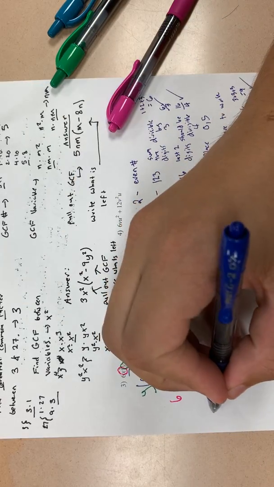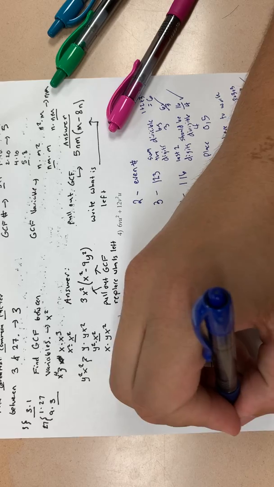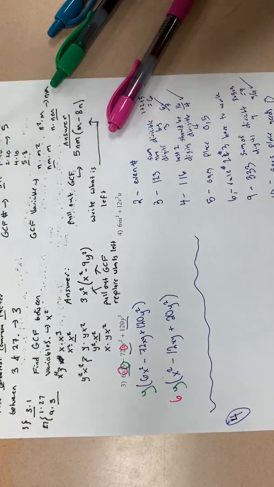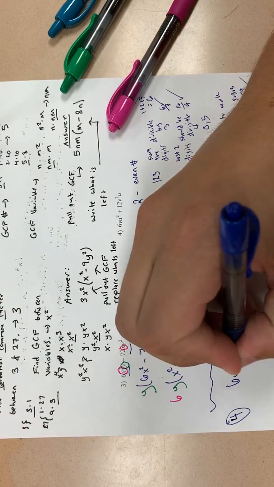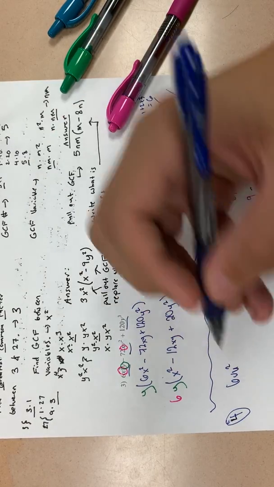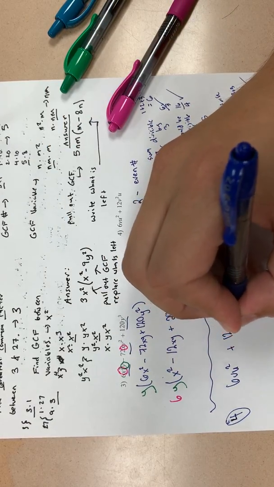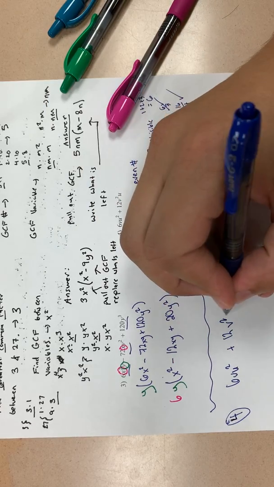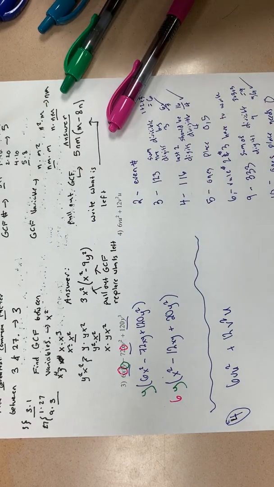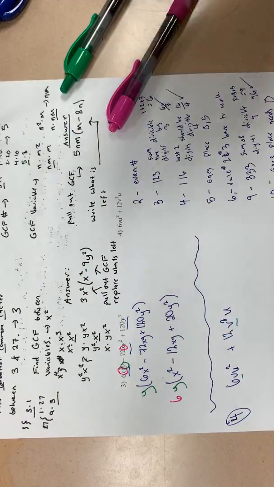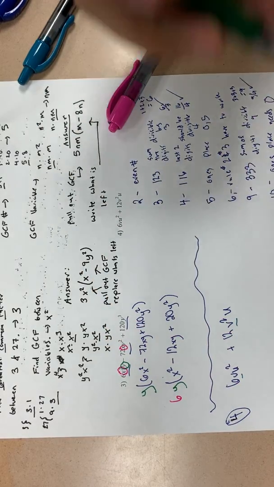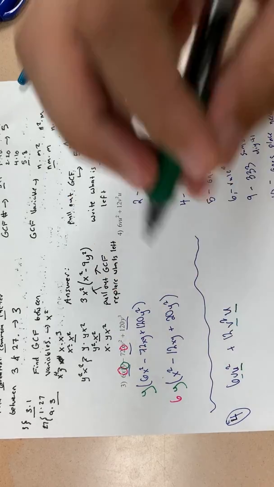Let's do number 4 down here since I wrote underneath number 4. So this will be number 4. And so I have 6vu squared plus 12v squared u. Okay, so again, we start with the variables and we see that we have v's in every single one, and we have u's in every single one.